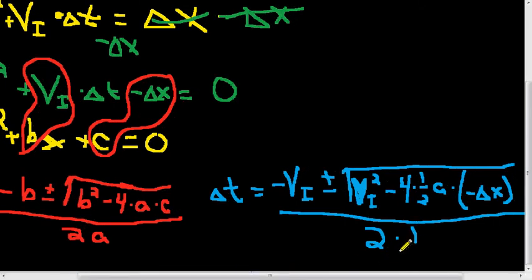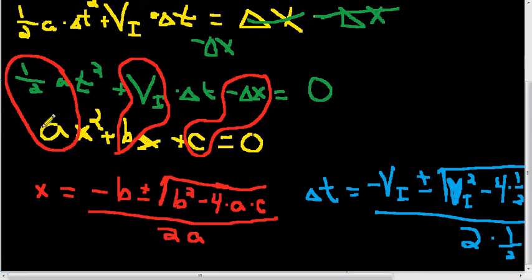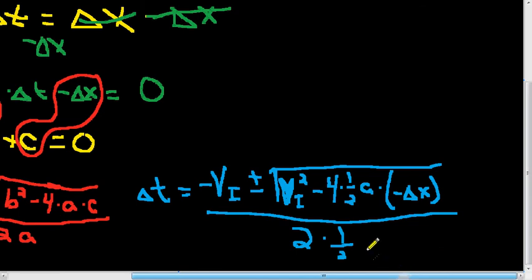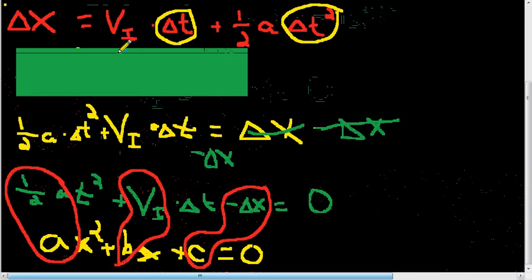I know it's a little confusing, where in the bottom equation we have an a, and the top equation we also have an a. In this term, a is any coefficient. In the top equation, a is specifically the acceleration. So even though they're the same letters, they mean something slightly different. Alright, now, this is the unsimplified version of the equation to solve for delta t. We have started out with the kinematic equation.